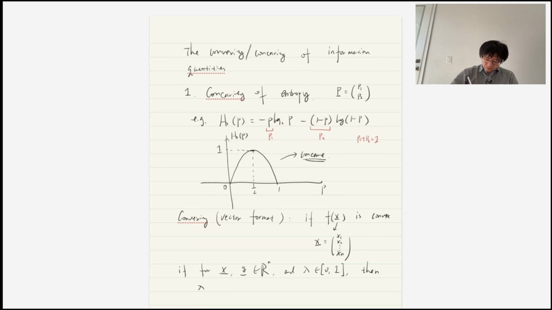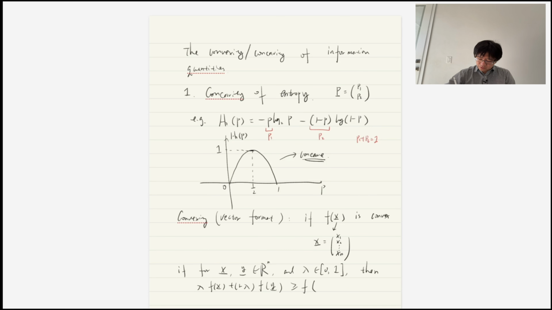That is, lambda times f of x plus 1 minus lambda times f of y is bigger than or equal to f of lambda times x plus 1 minus lambda times y. This is basically the definition of convexity, and by using that we can show the following theorem.